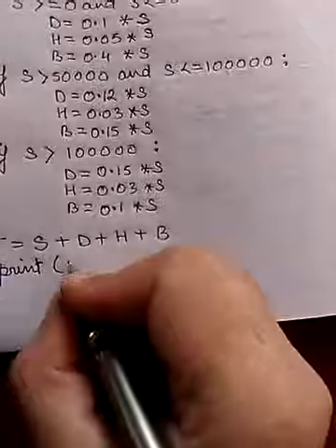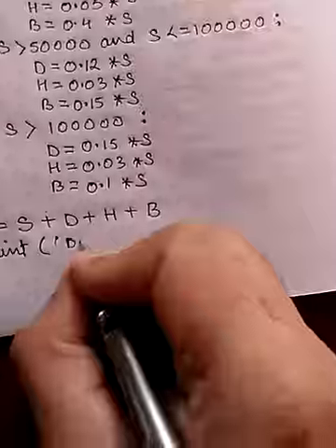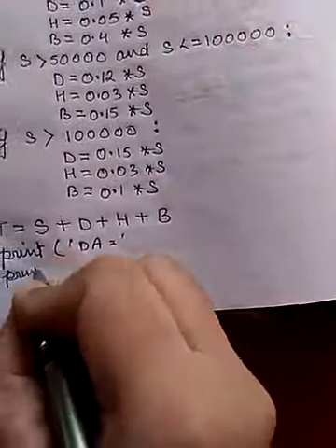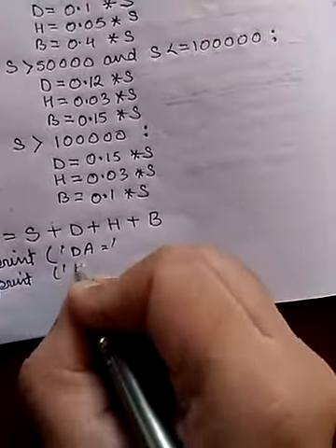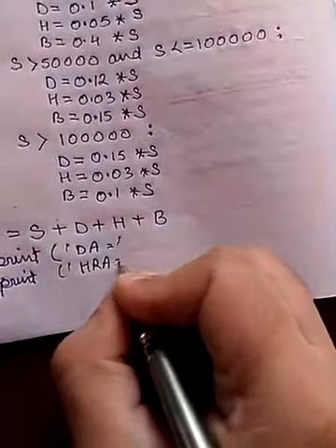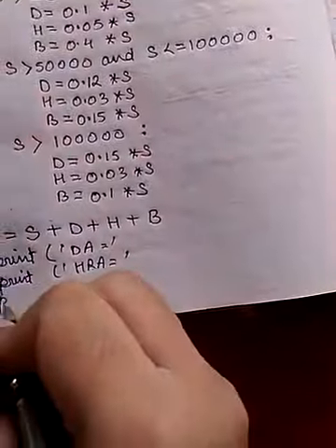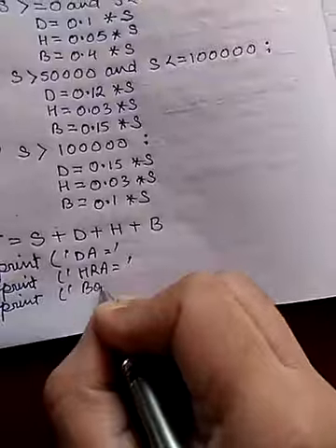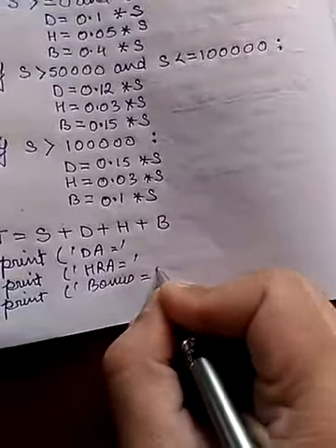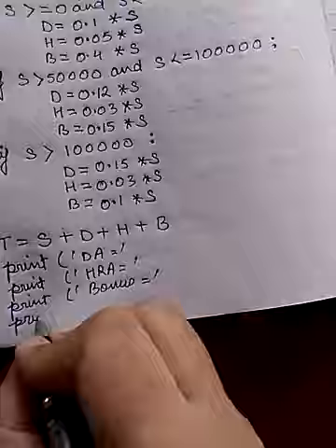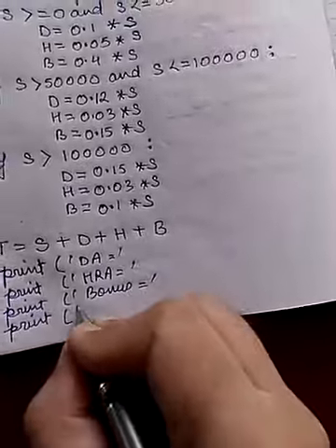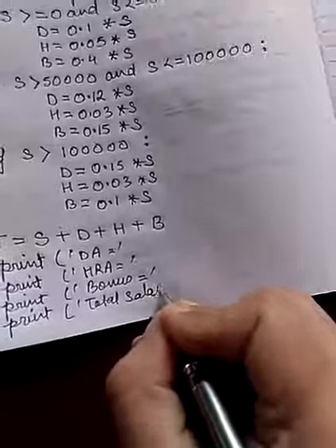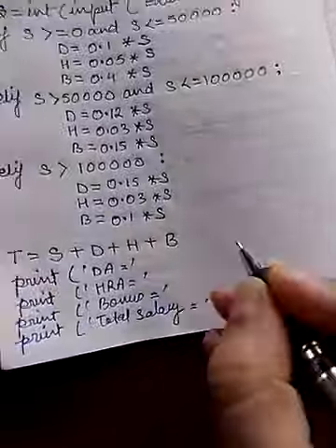For example, print DA, print HRA, print bonus, print total salary.